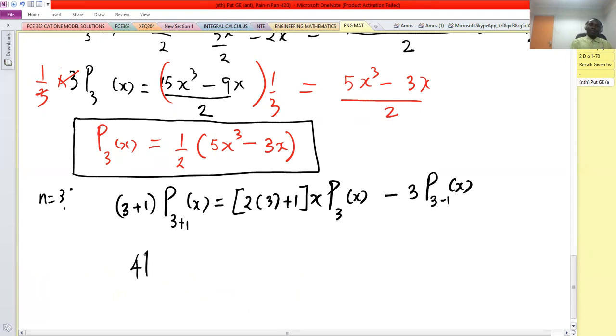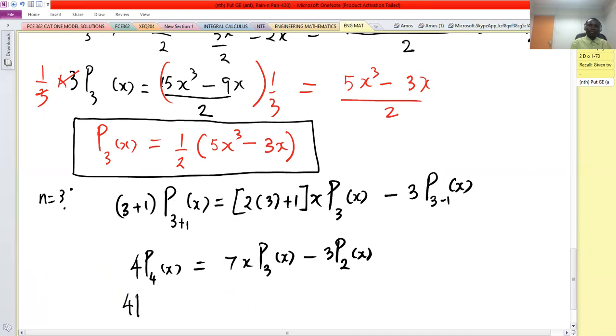So this will be 4 P4 of x equals 7x P3 of x minus 3 P2 of x. And then you replace in the values.